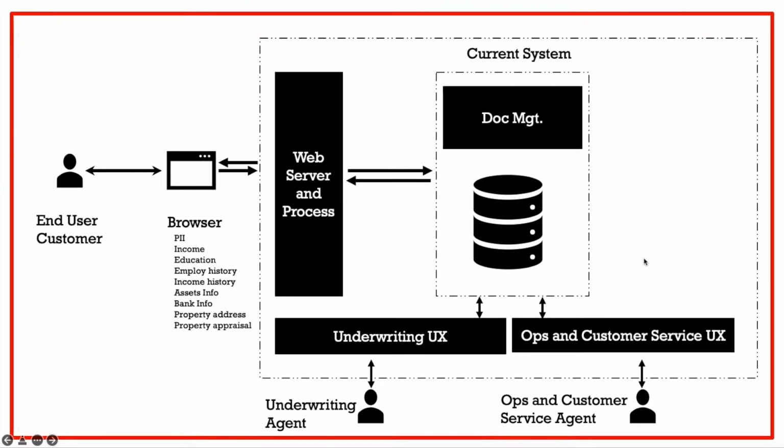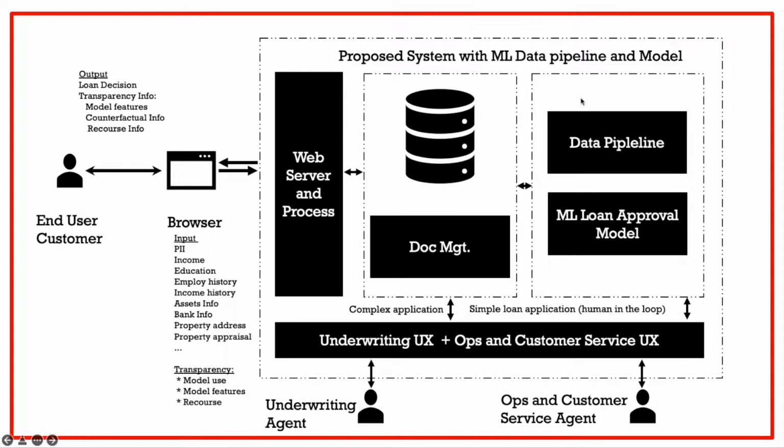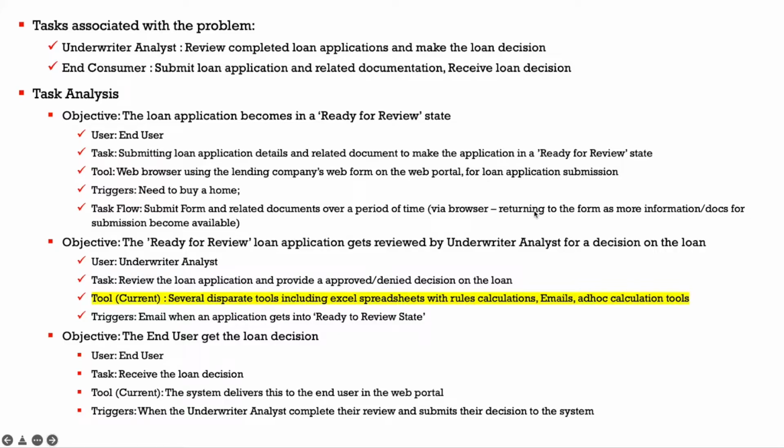Now, before we move on to look at the proposed system diagram, let's look at the tasks associated with the problem. First, the end consumer has to submit the loan application and the related documentation to make the application ready for review.